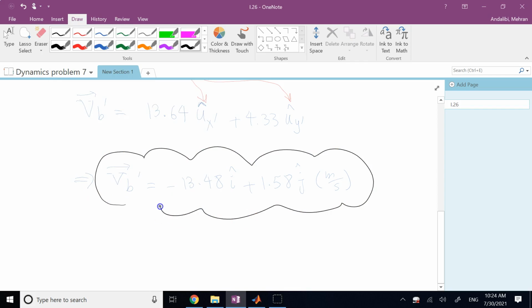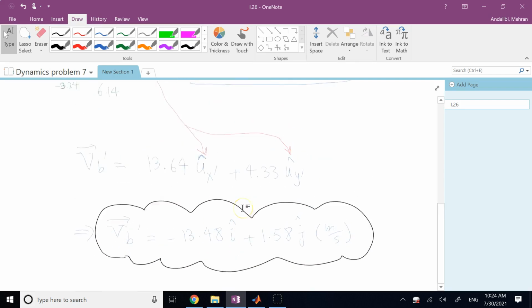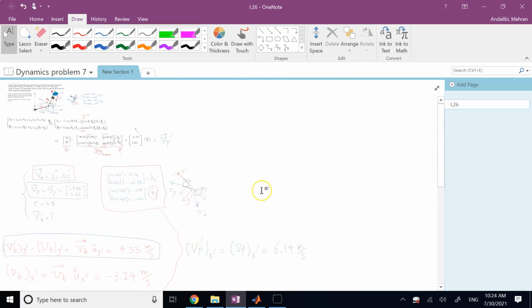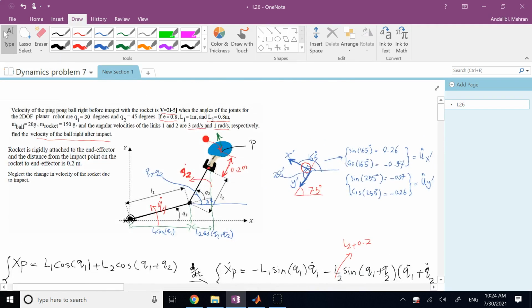This is the velocity of the ball after impact, negative 13 i plus 1.58 j, which means the ball is going to go back big time along X and small along Y. So it is going to go something like this. When it hits, it's going to go back this way. And that is kind of expected. Right?